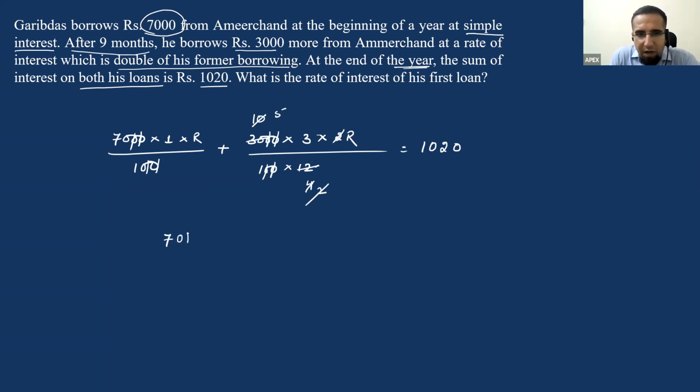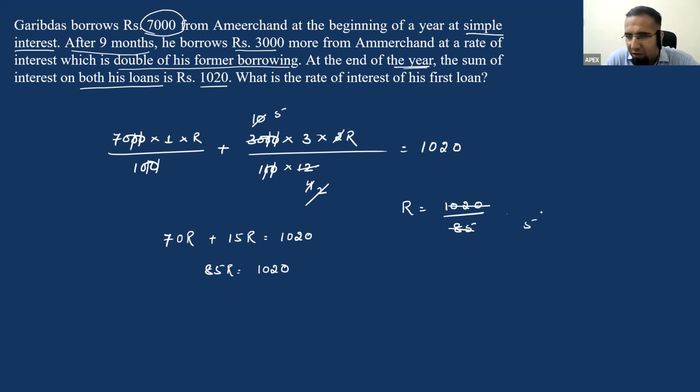We have 70R plus 15R is equal to 1020, or we get 85R is equal to 1020, or the value of R is equal to 1020 divided by 85. Now 85 is a multiple of 17. 17 fives are 85, and I know that 17 sixes are 102, so 17 sixties are 1020. Now 60 by 5, eventually the rate of interest here is going to be 12%.